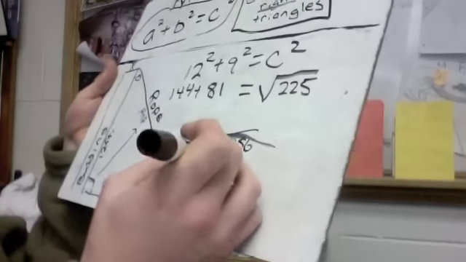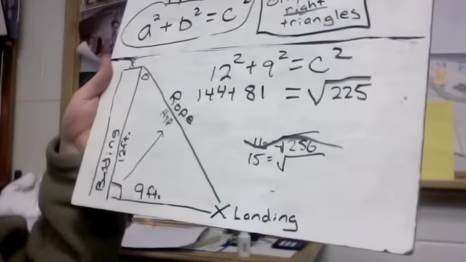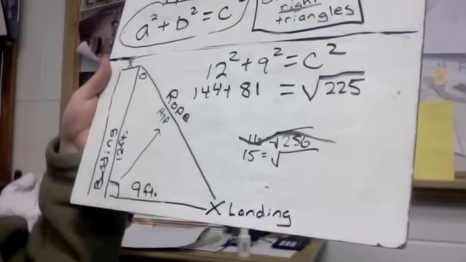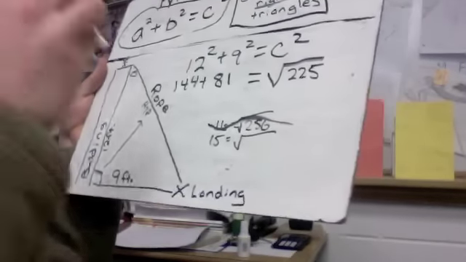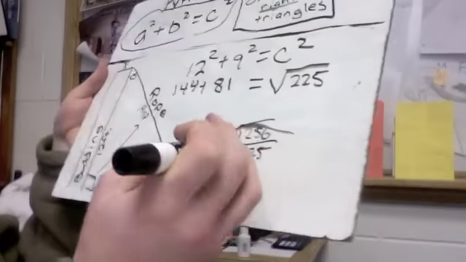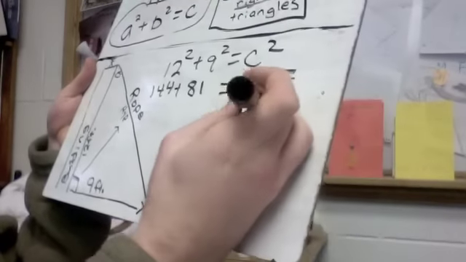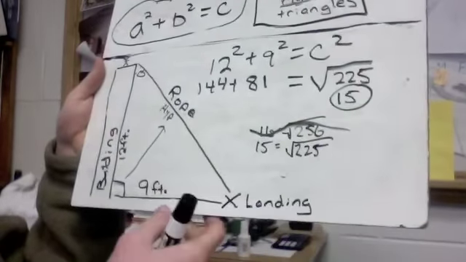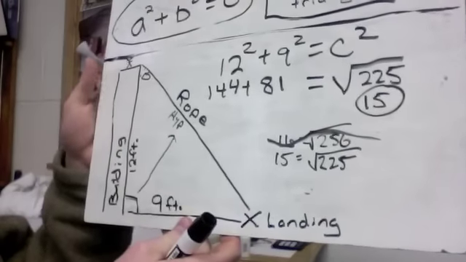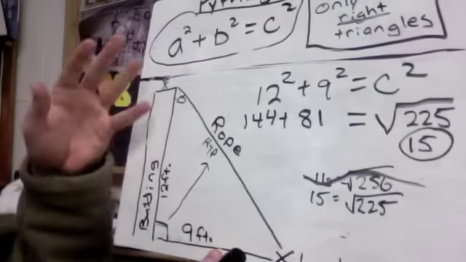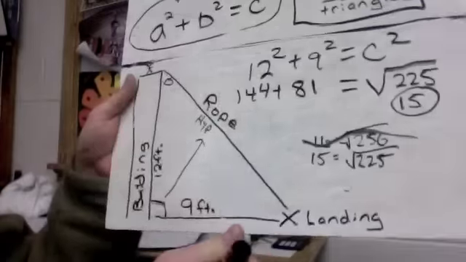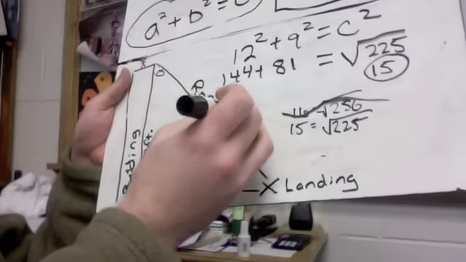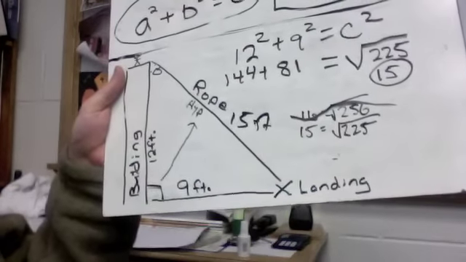Let's try 15. 15 times 15 is 225. So that's the one we want. The square root of 225 is 15. So if the question is how long does the rope need to be, the rope needs to be 15 feet long.